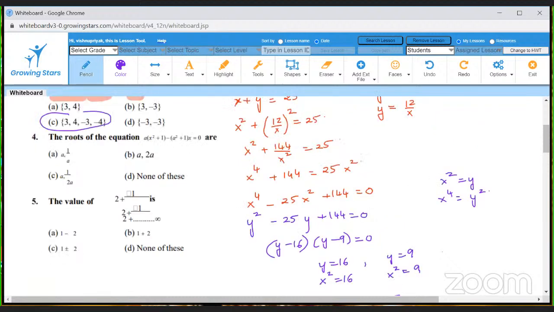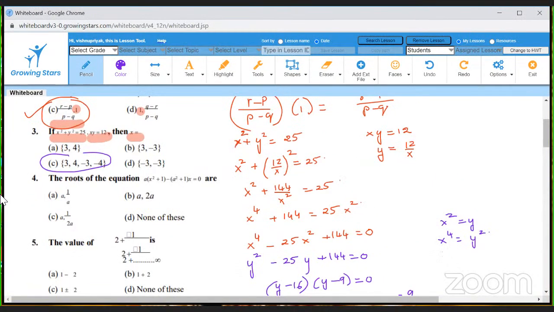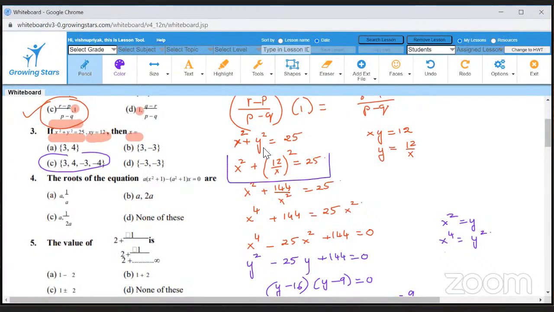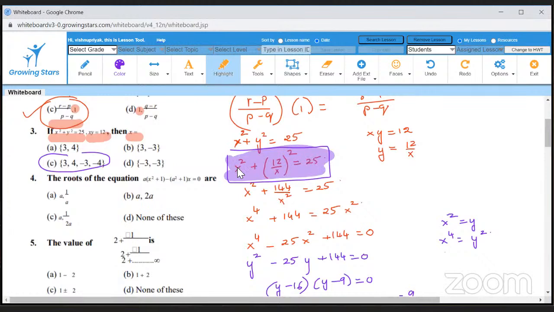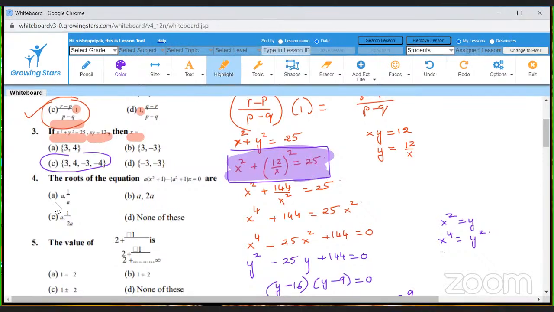This is how we solve it. Now, if you want an easy way, a shortcut method, take the equation which I have highlighted, put the options and see.